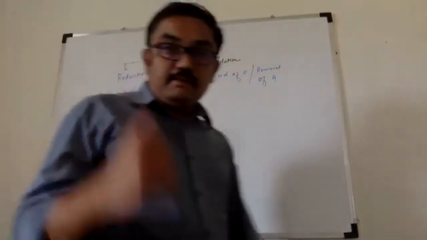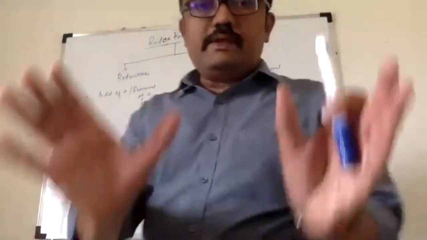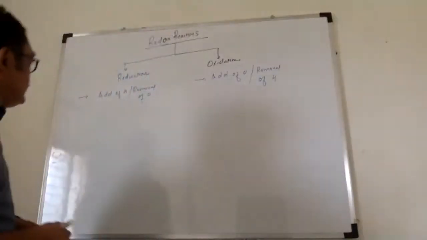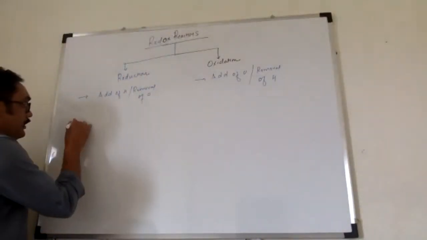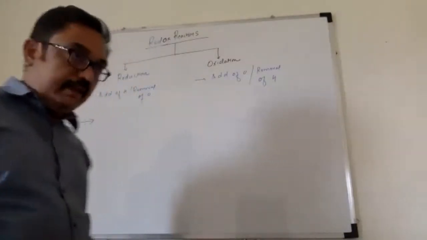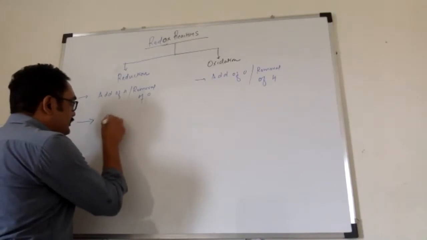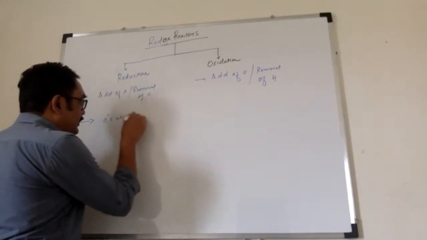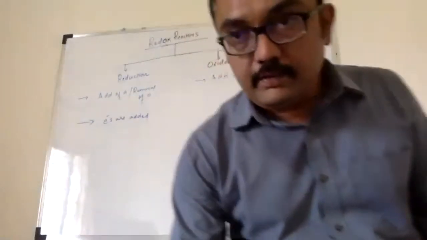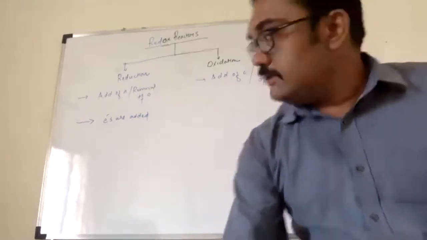After this, I am writing the second definition. As I said, first you will write down all three definitions and then I will elaborate one by one. Second definition: reduction is a reaction in which electrons are added. So during reduction, electrons are added.